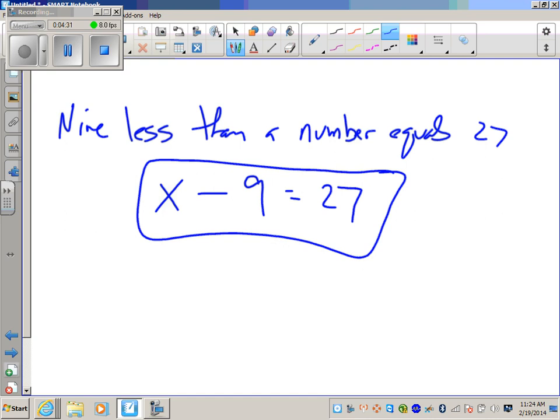Guided practice number 3. 0.5 times a number equals 300. Alexis. 0.5 times a number equals what? What does it say?